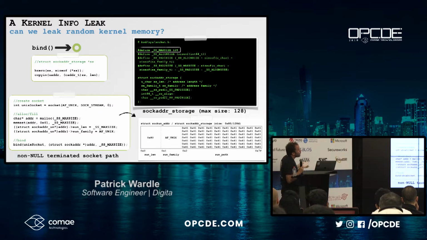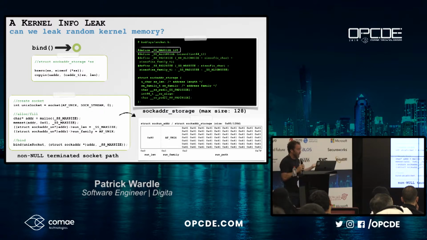So now let's try to create a Unix socket that is not null terminated. Again, we want to get the vulnerable strlcpy to be called on a string that's not null terminated, so that it starts copying random kernel memory into user mode. As I mentioned, the way they copy in the path is they first zero out the structure and then copy that in. Since they zero out the structure, we have to create a path that fully fills up that structure, because otherwise it'll be inadvertently null terminated.